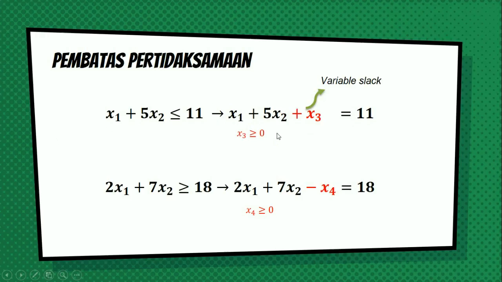equation. So for example, 1 plus 5.1 becomes 6, and we know the amount of x3. We know x3 is 5, so 6 plus 5 equals 11. So the right and the left side have the same value.